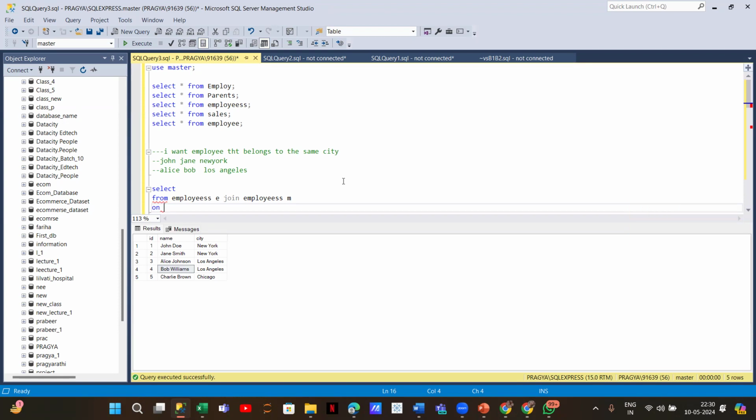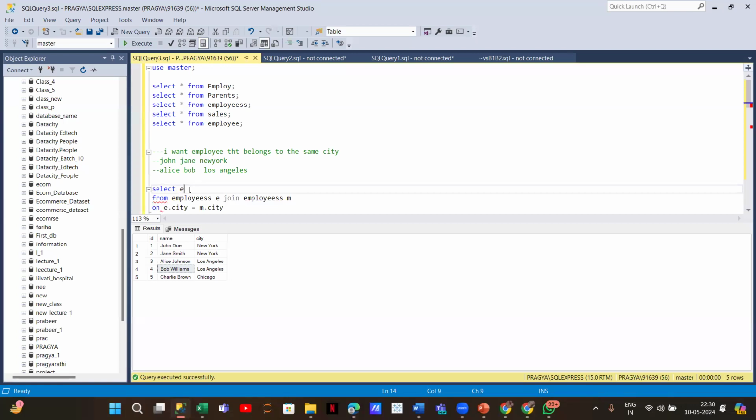Not the answer I'm talking about. I'm talking about the on condition only. Good. So I want the same city, so I will use that in my on condition, that I want the city to be same.